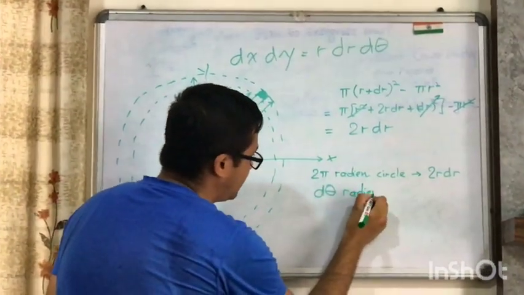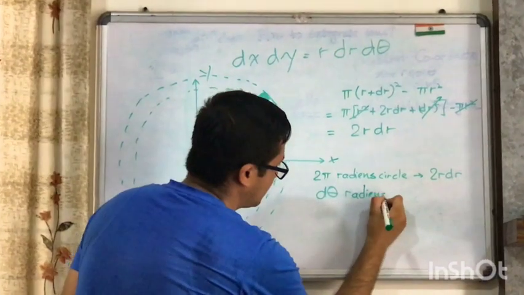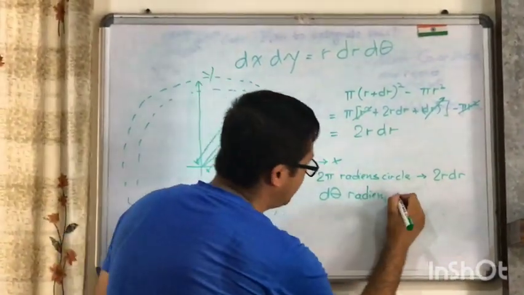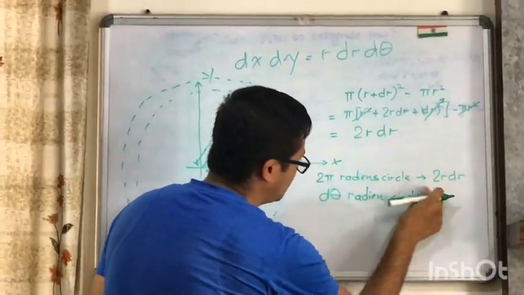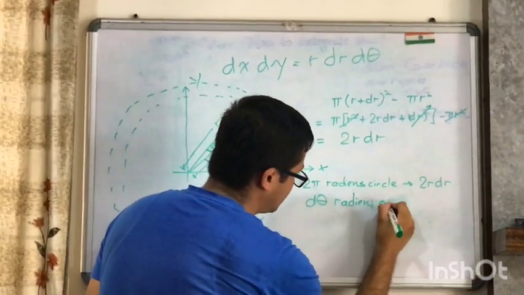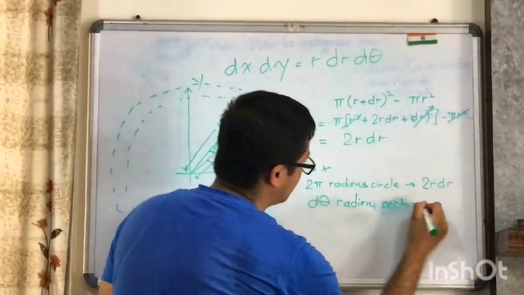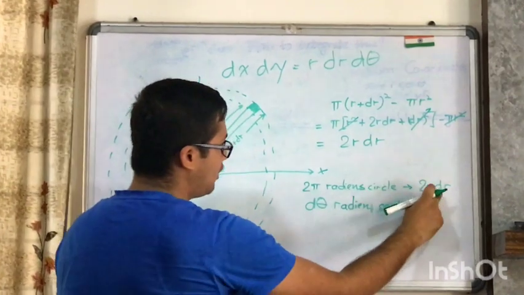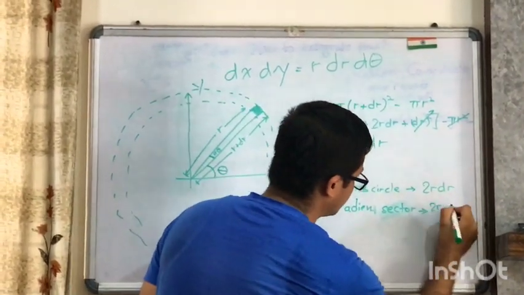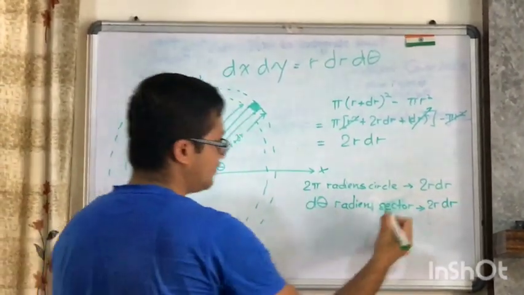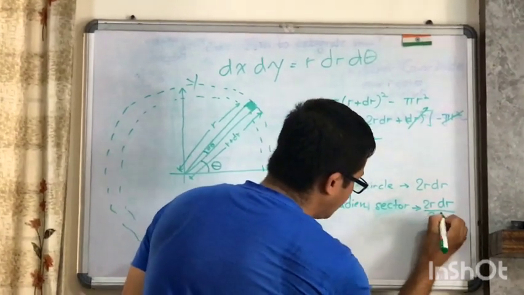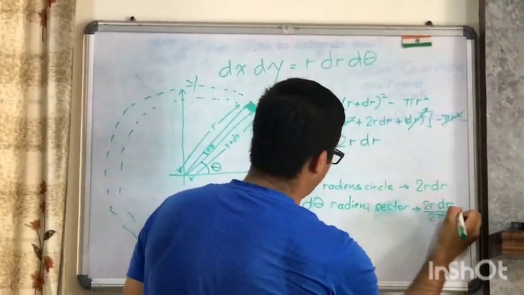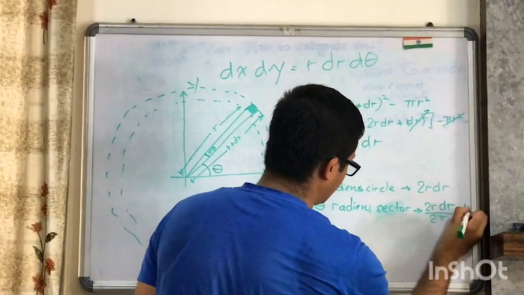So for d theta radians, a sector, the area would be 2r dr divided by 2 pi into d theta.